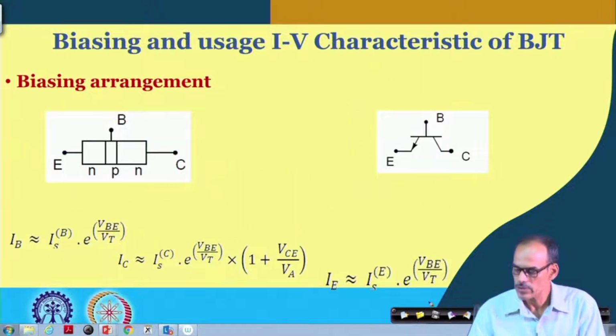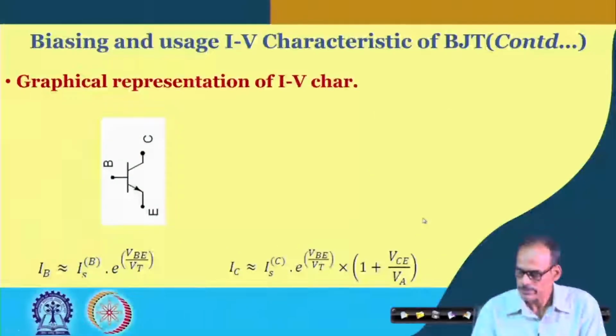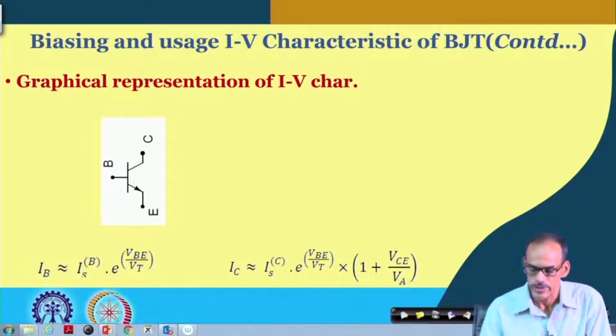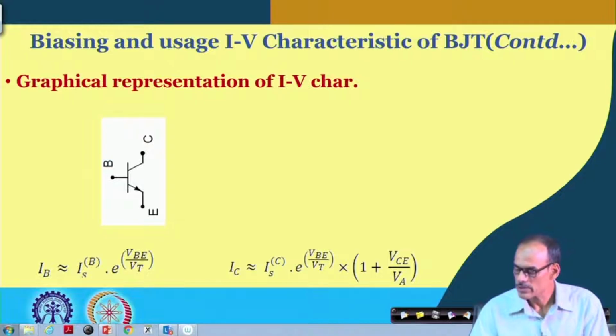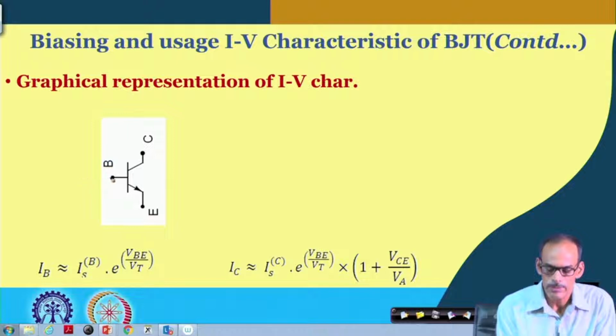Let us see what is the next thing we have. If we apply that bias, what we have is the IV characteristic, particularly its graphical representation. Now, we have oriented the device differently. We take the base towards the left, indicating that it will probably be one of the input terminals, and the emitter we are taking down.